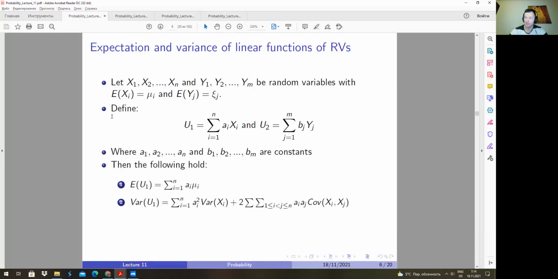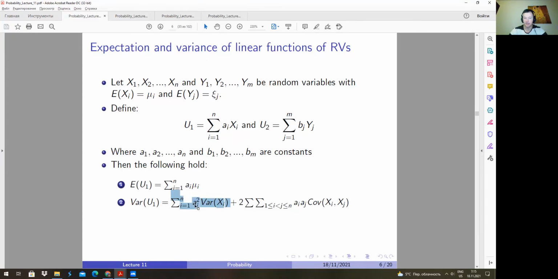Now in lecture number 11, we can see the right way to calculate the variance of this sum, actually in general for n variables. First of all, we have this term, which is kind of logical.